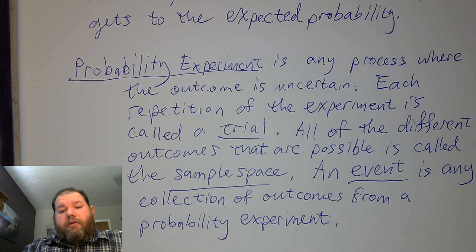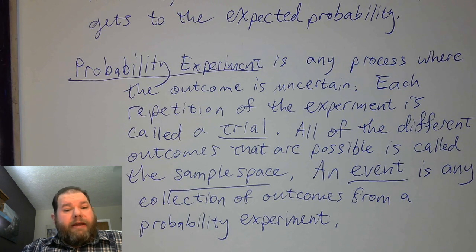In that case, the number of trials is 50. That's the number of times the coin flipping has been repeated. The sample space is the different outcomes that are possible, which is heads and tails. And the event that we're interested in is the number of tails that were landed on.